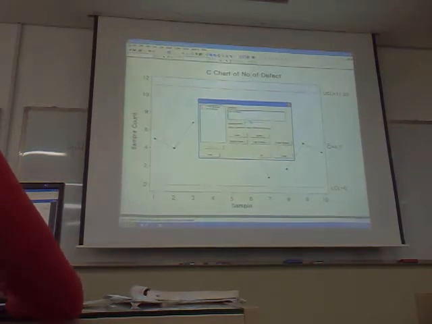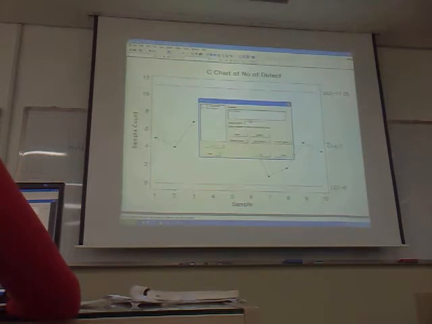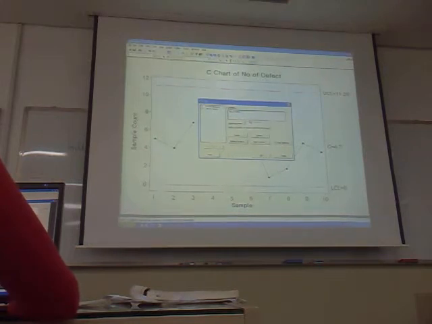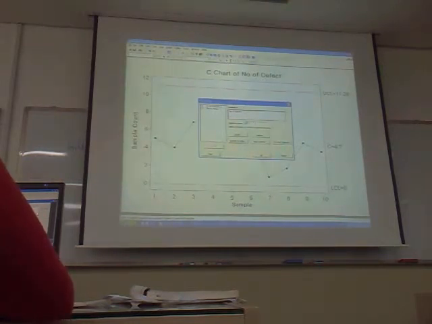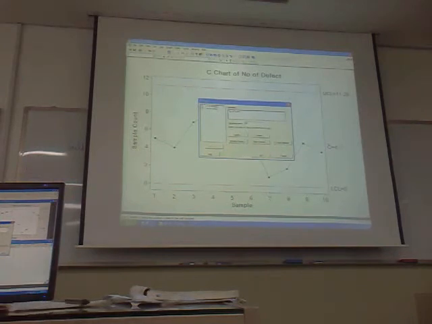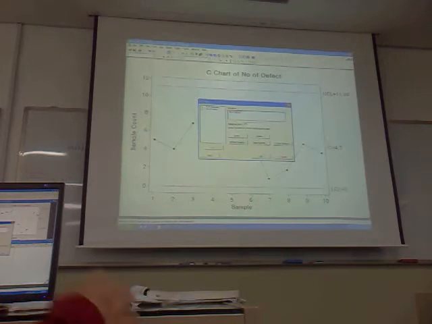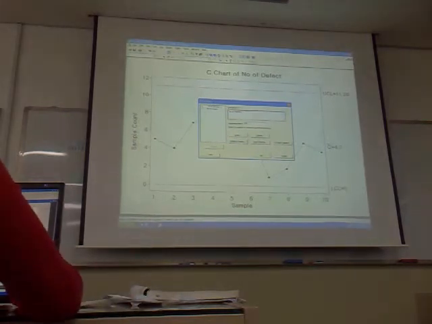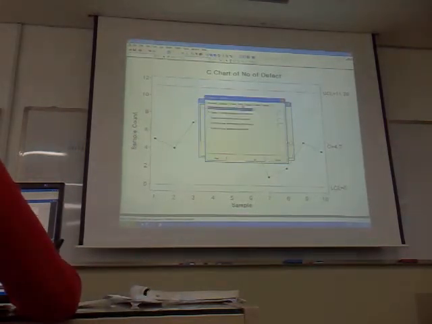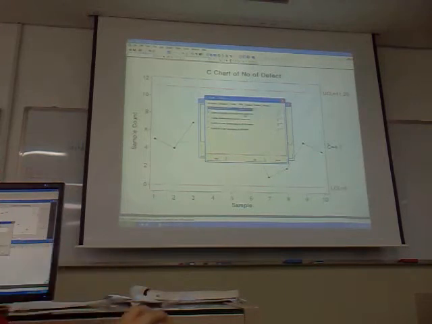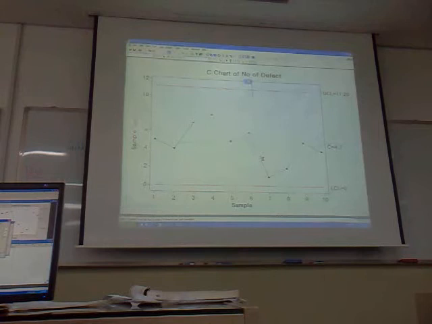For example, 50. You get 50 units as the sample, and there we get the defects like that. After that, please go to the U chart option and test, perform all tests. And click OK, and click OK.